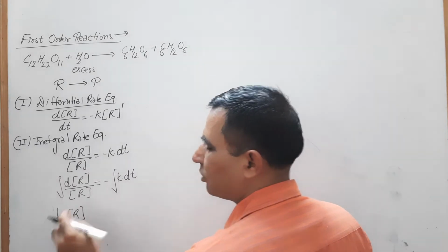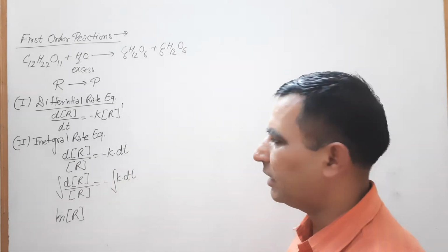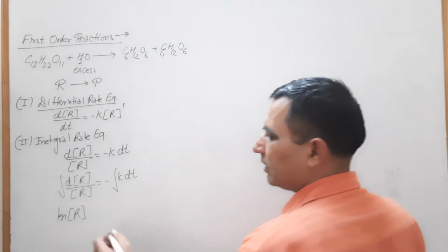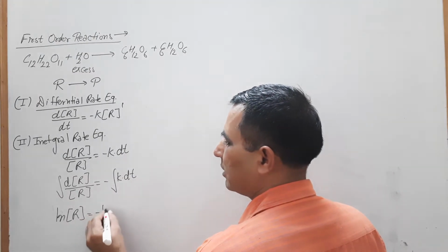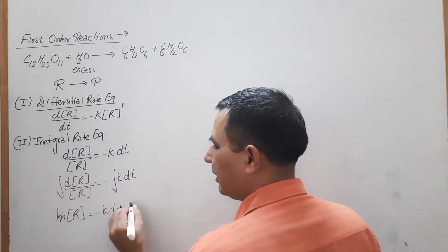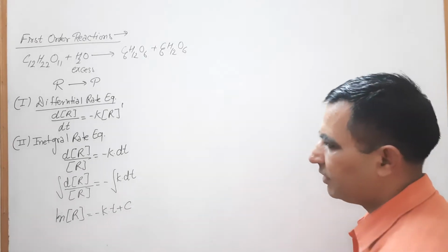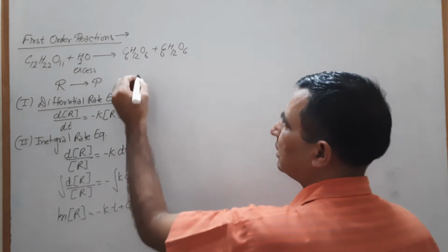ln stands here for the natural log. ln R equals minus k t, where k is a constant, plus c, a constant of integration. First we find the value of c.